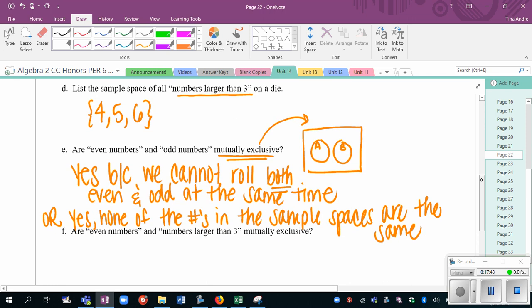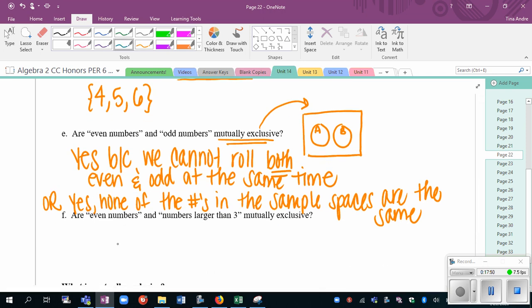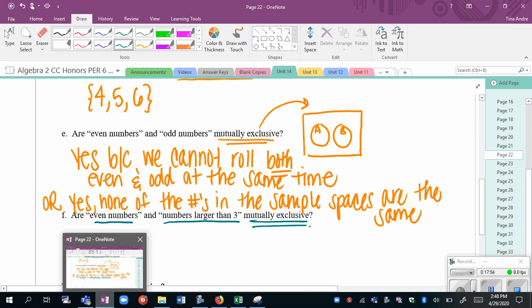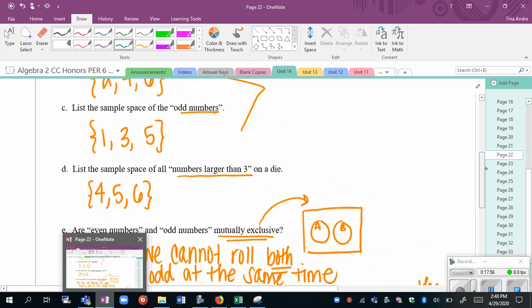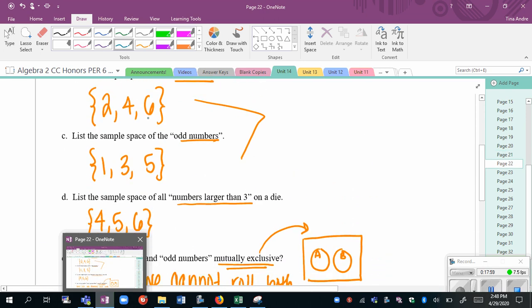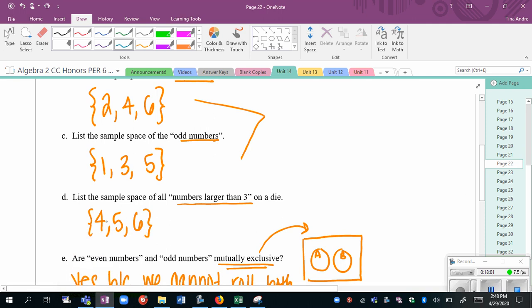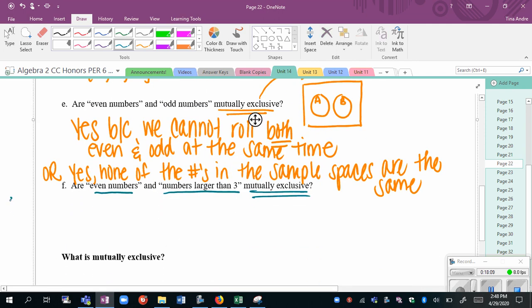So now let's look at another scenario. The next one says, are even and numbers larger than 3 mutually exclusive? So even, we had 2, 4, and 6, and then we had 4, 5, and 6 for numbers that were larger than 3. Well, we have some overlap. Let me just list these off to the side so you can see it better.